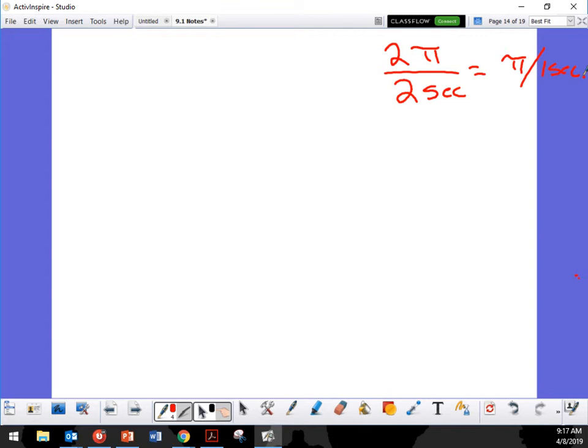Now, in this case right here, what's the difference about this one? It's starting at 0, right? So how would I make this one start at 0? Start at sine, right? So to do that, I would start that one at sine.